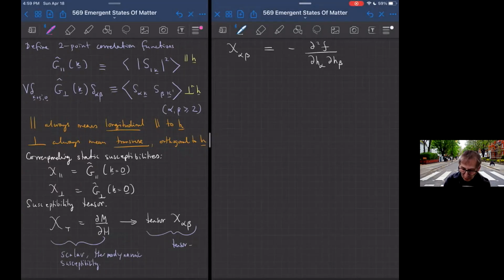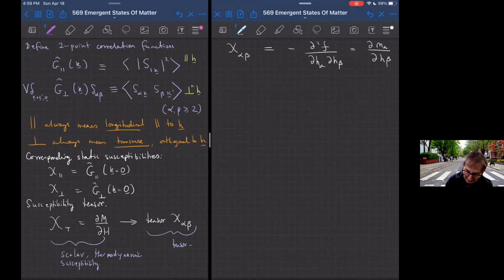So we've defined it like this, and this is the same thing as dm alpha by dh beta. So this is just the obvious generalization. It tells you the response of the magnetization in the alpha direction to a change in the field in the beta direction.